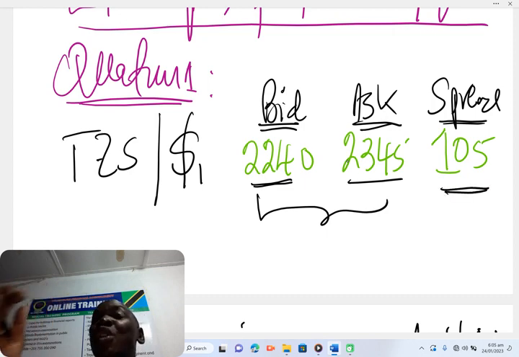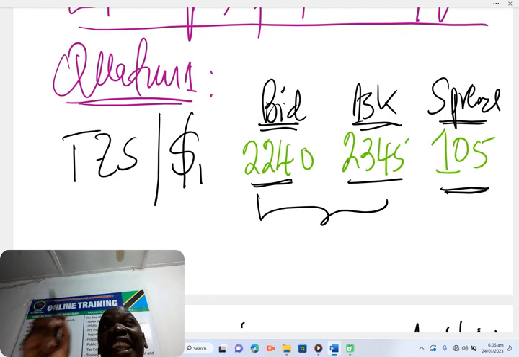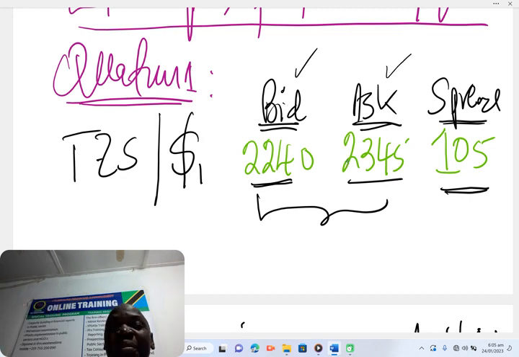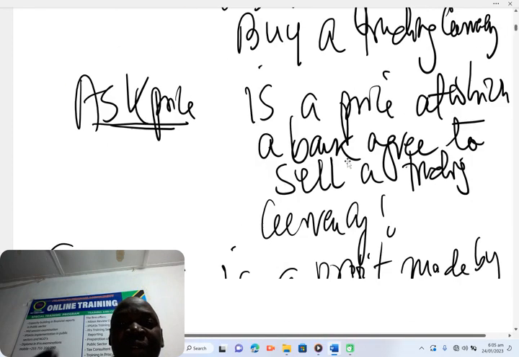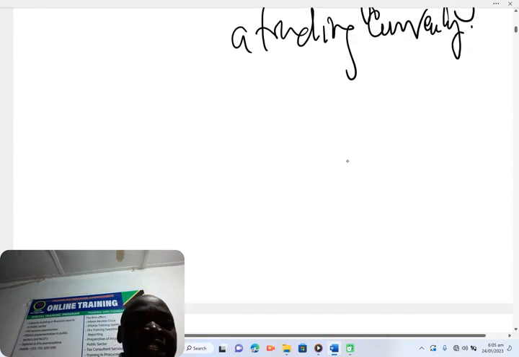So if we want to prepare the financial statement of CRDB Bank on Forex, the cost of the transaction is this one, and the revenue is this one. For example, let us give you this example number 1 here.